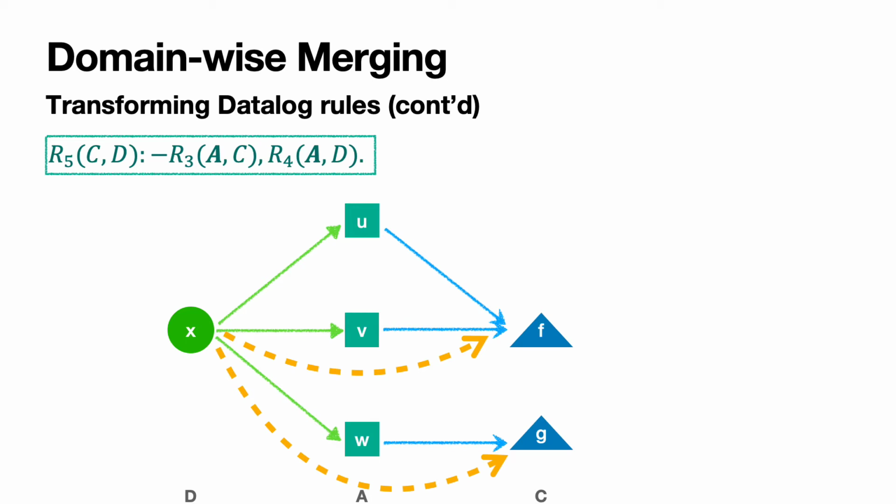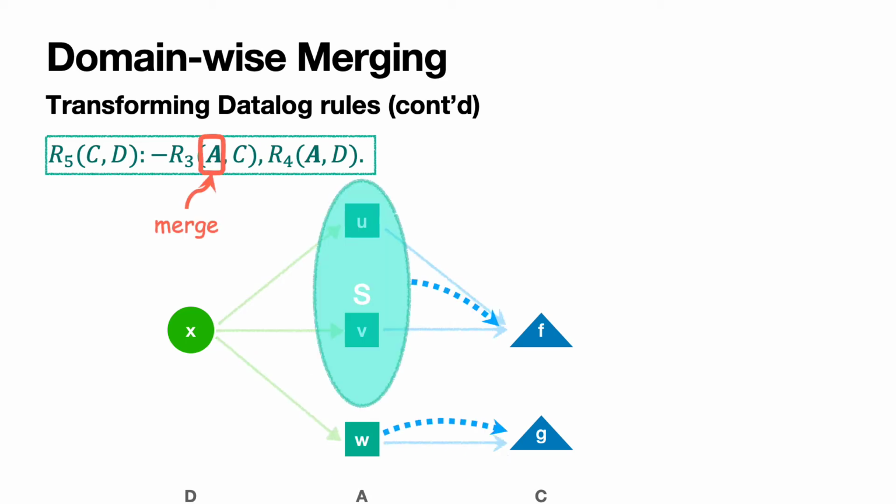And the second case is that the sensitivity domain joins with other domains in the rule body. Here, in the rule R5(C,D) from R3(A,C) and R4(A,D), tuples R3(u,f), R3(v,f), R3(w,g) join R4(u,x), R4(v,x), R4(x,x) on the first domain and derive R5(f,x), R5(g,x). Same as before, the first domain of R3 is the sensitivity domain to be merged, and u and v are merged into s.